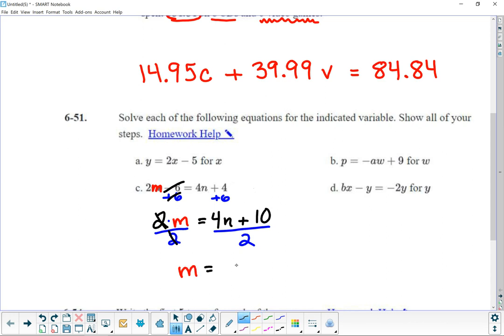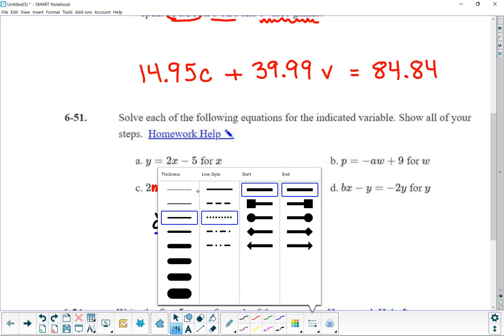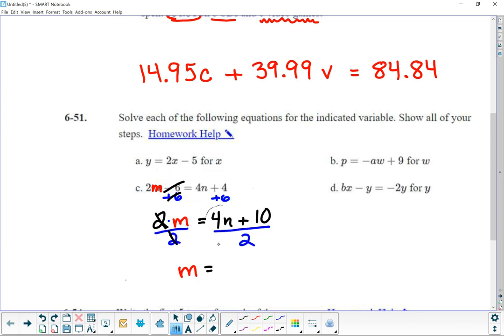Now this time, we can't write it as this answer, because that answer you can break it up. We can break it up into 4n divided by 2, and 10 divided by 2.